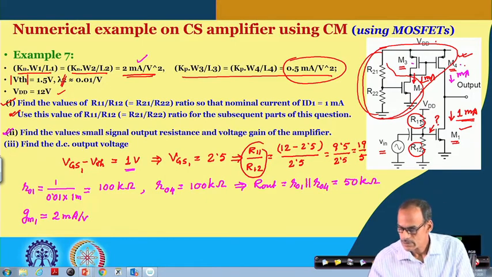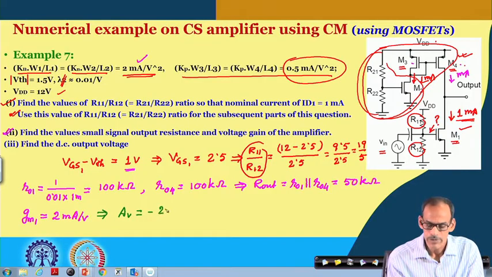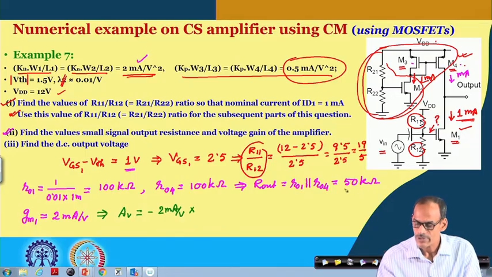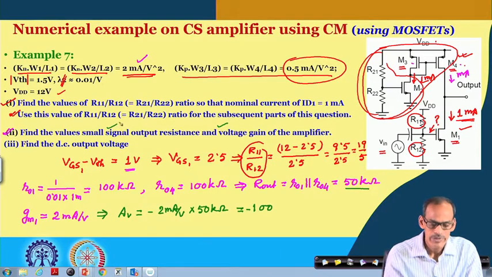That gives us the voltage gain AV equals minus 2 milliampere per volt multiplied by this Rout, which is 50 K, and that gives us a gain of 100. So, we got the voltage gain, we got the output resistance.